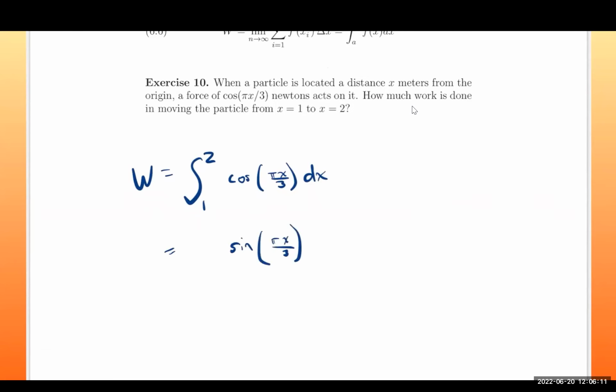We also have to be careful: the chain rule is going to give us pi over 3 if you were to differentiate this, so we have to make sure that cancels out by multiplying by 3 over pi. Then we evaluate from 1 to 2. That's going to be 3 over pi, sine of 2/3 pi minus sine of pi over 3.